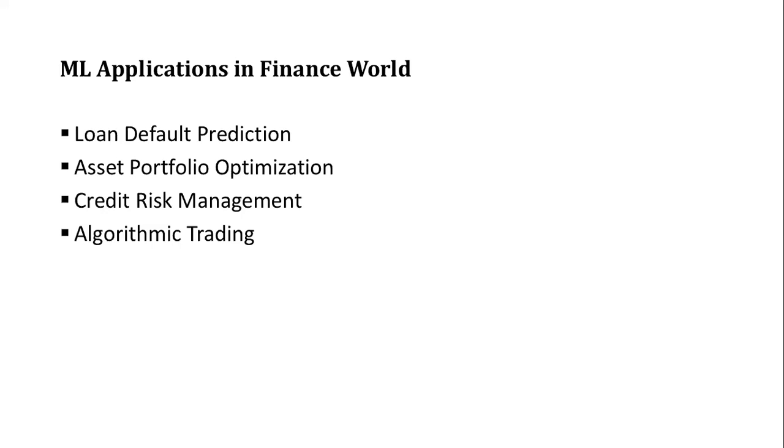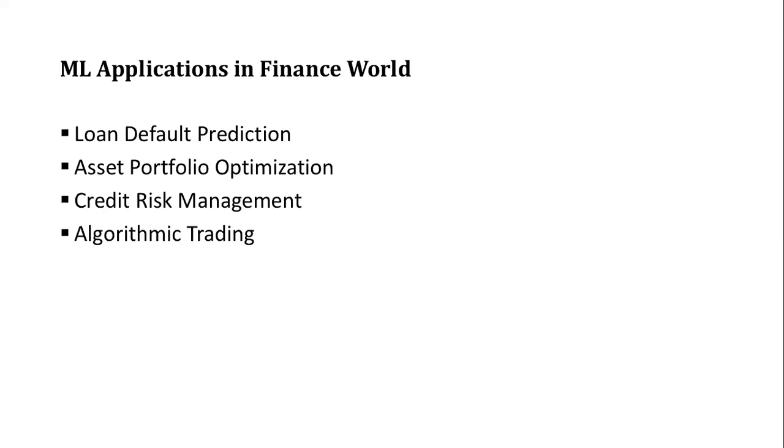Portfolio optimization models, these days we use machine learning to develop. Then credit risk management in banks. Then there's another thing called algorithmic trading, high speed trading platforms.